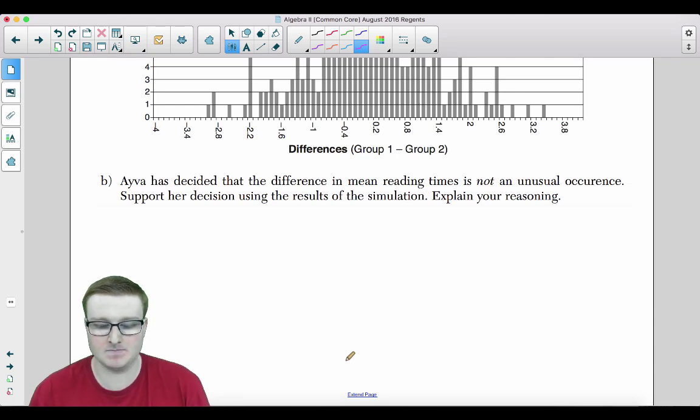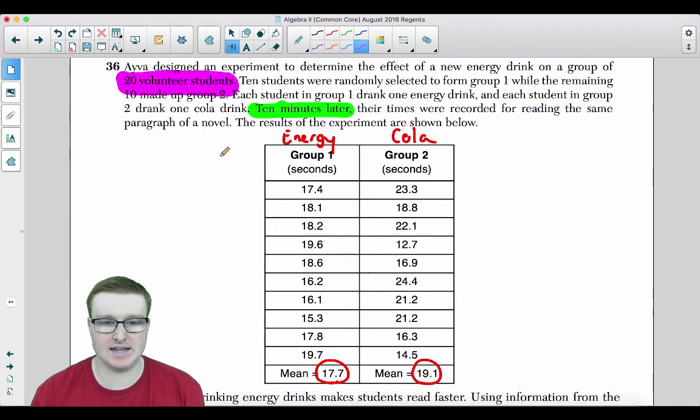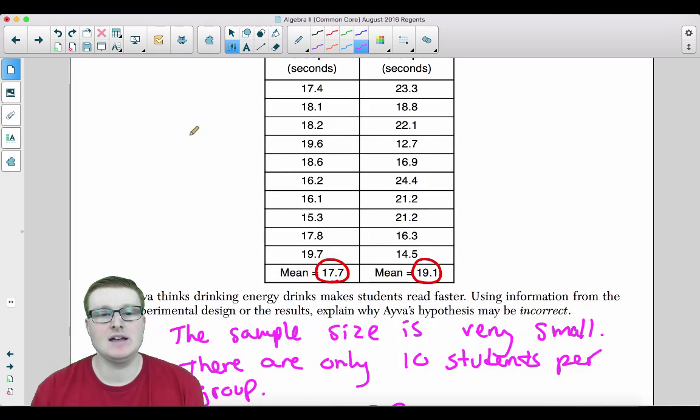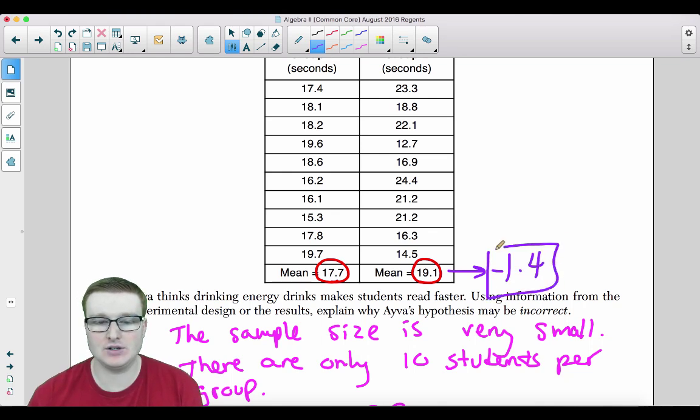Explain your reasoning. Okay? So we actually need to go back for a second and analyze her data. The difference between the two means is a difference of negative 1.4. If you just take 19.1 minus 17.7 or the vice versa, it's a difference of negative 1.4.